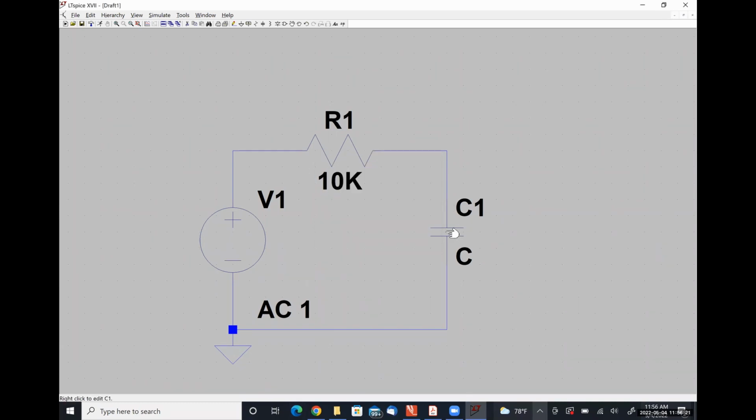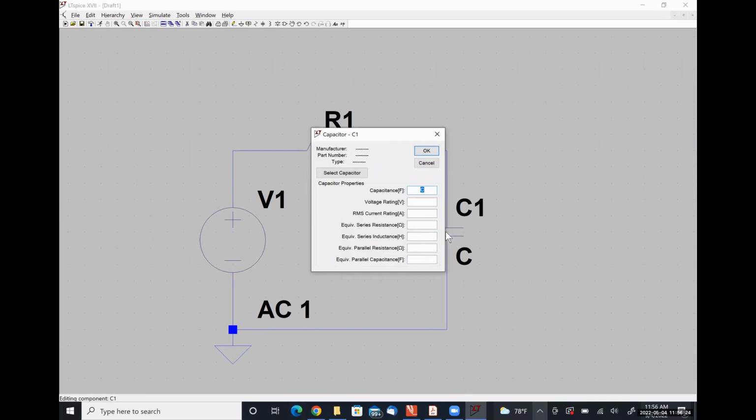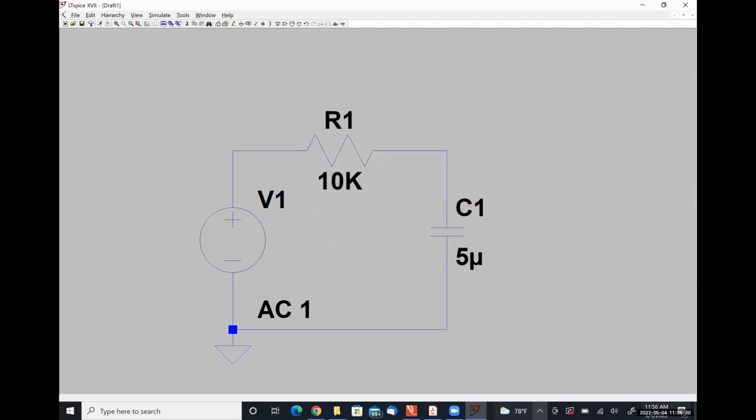All right, somebody give me a capacitor value. No, it doesn't matter. And I'm going to call this node V out.